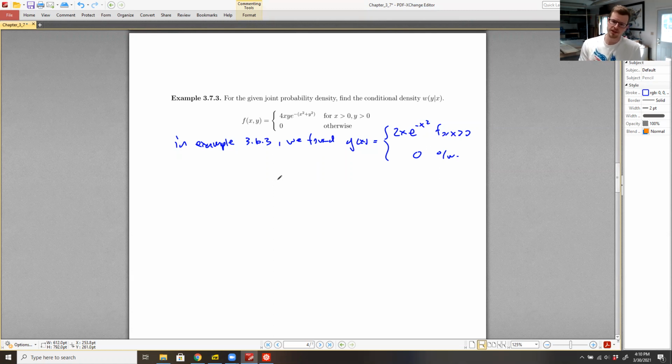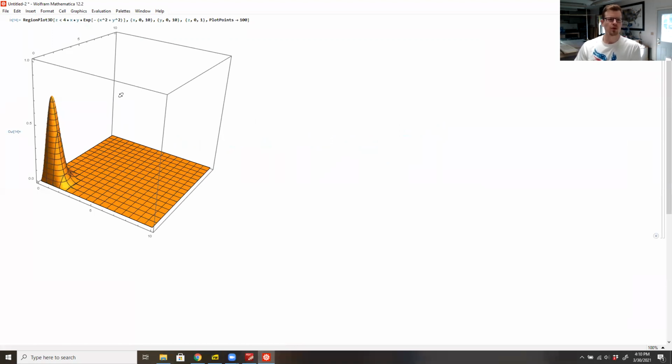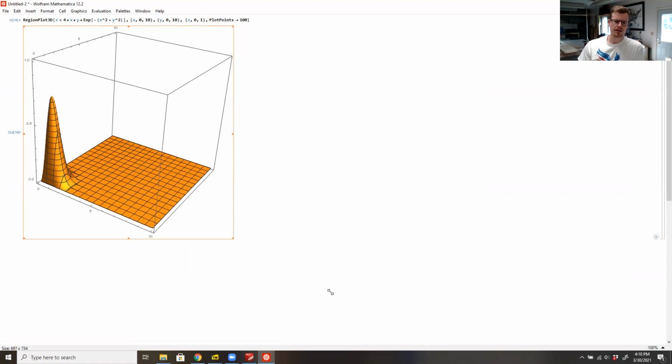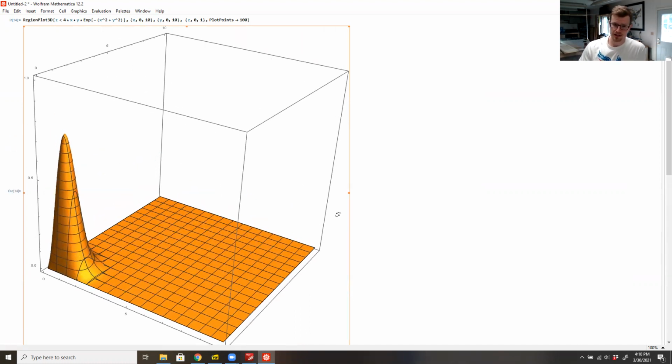Because we're considering the same function, I'd like to take a look at Mathematica to help us get this visualization. I've already plotted for us the joint density. Okay, so we have x and y and z.